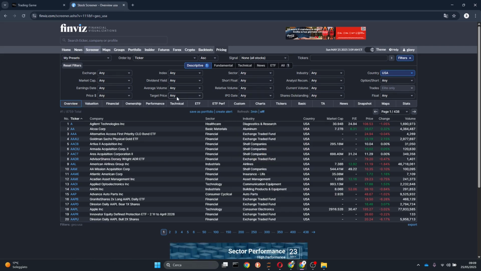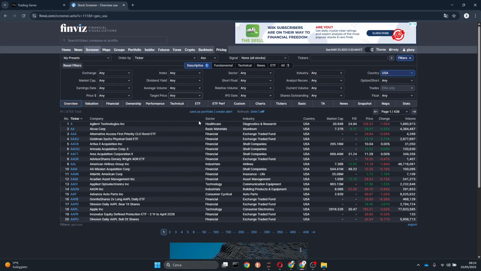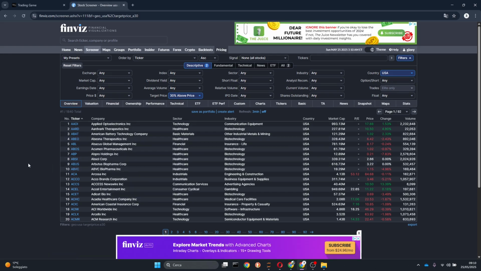Target price is a tab I don't consider a lot because I saw some errors here. For example, you can search only stocks whose target price is 30% above the current price. But when you open the page of a stock you selected, you could see that the target price is not always the same as in the screener.